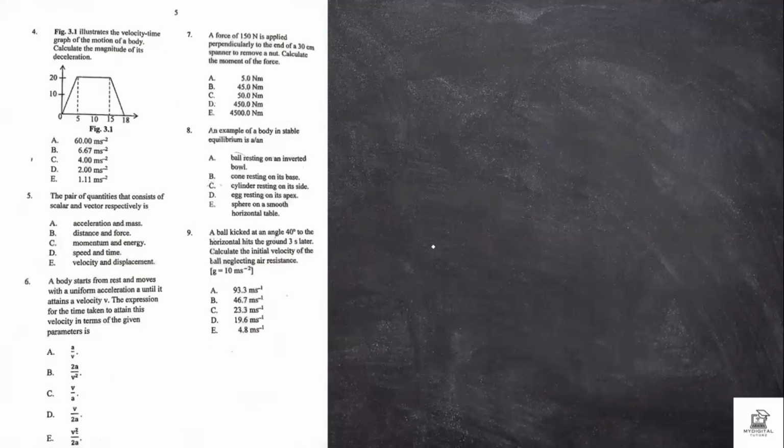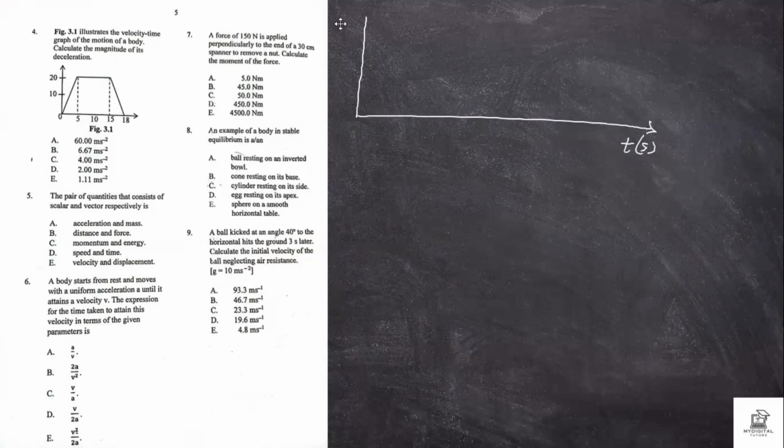So the next question says, figure 3.1 illustrates the velocity time graph of the motion of a body. Calculate the magnitude of its deceleration. So this is what we have. In the diagram, we have something like this. So here's the time axis in seconds, and here is the velocity in meters per second.